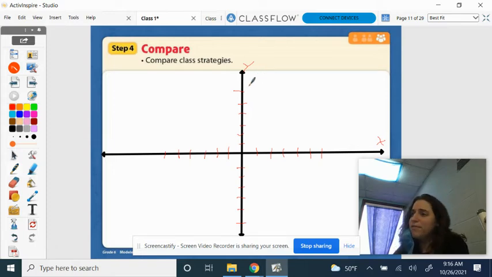But otherwise, if you draw a line like this and a line straight down, and I go 1, 2, 3, that's way over here, and if I go 1, 2, 3, that's way down here. So two points that should be in line aren't in line. So just try to make your axes as straight as you can.